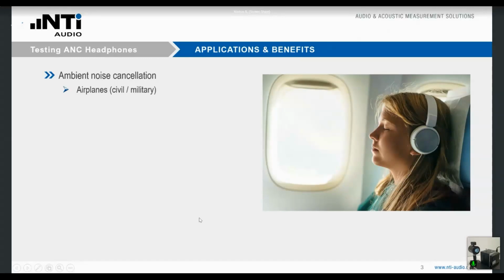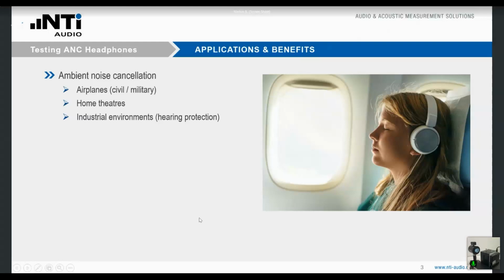So ambient noise cancellation is a big issue in both civil and military aviation. Another application would be home theaters, where you want to optimize the sound quality. You want to avoid that external noise is disturbing your experience.